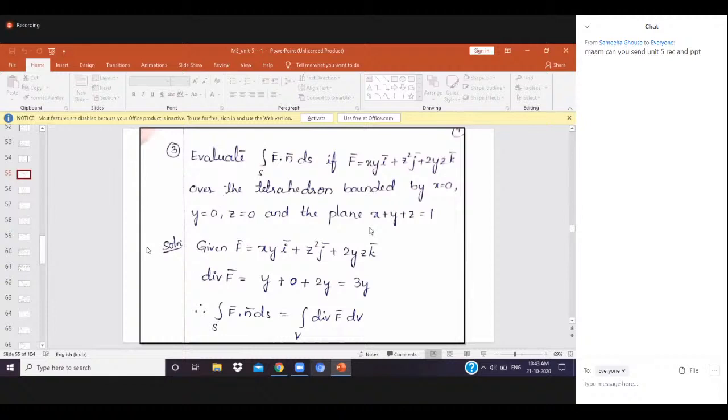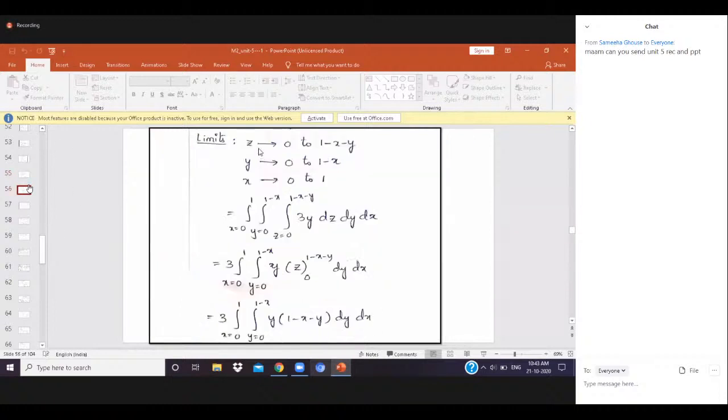Then we evaluate the y limits, then substitute y equals 0, and directly we get the x limit. This is the concept. According to this, we evaluate the z limits first. The lower limit is already given as 0, and the upper limit from the equation x plus y plus z equals 1 is z equals 1 minus x minus y.